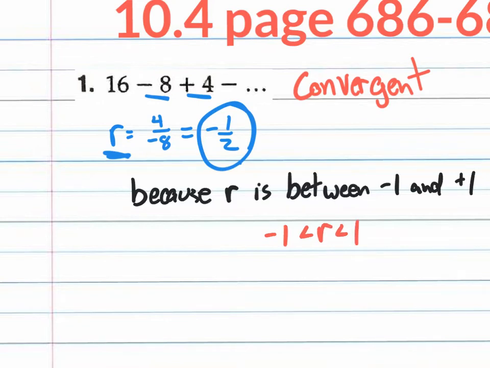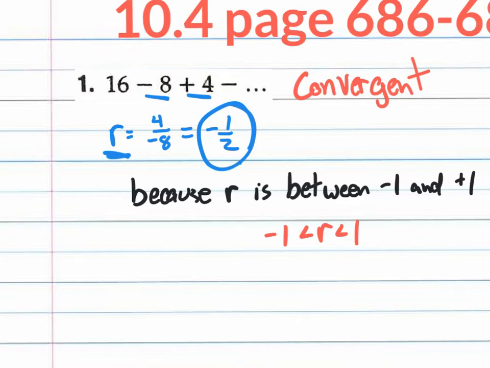Okay, and that makes total sense because a decay function has a base that's between -1 and +1 as well. As long as it's a decimal or a fraction that's not greater than +1 or less than -1, then it's a decay function, right? But if it's greater than 1 or more negative than -1, then it becomes a growth function, which would mean it's divergent. So I hope we understand number 1.